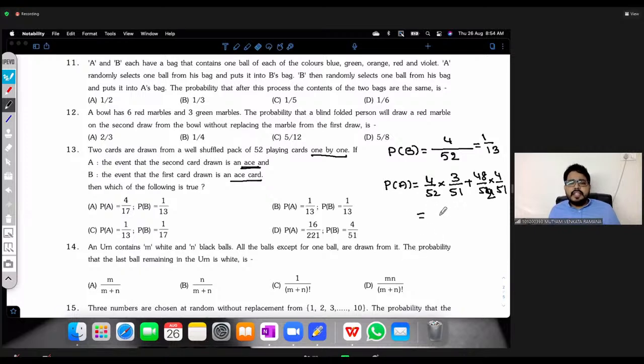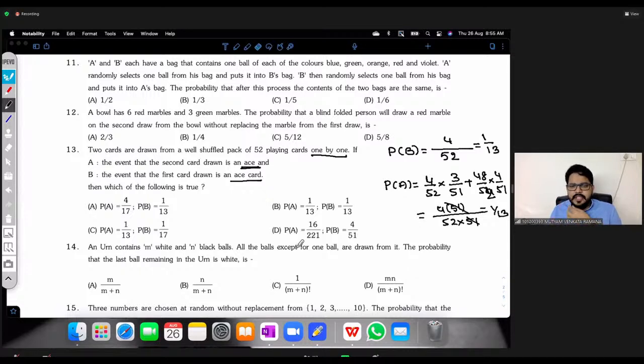So what is the thing? 52 into 51. So you are getting whatever this thing is. Look here, 4 common 51. It is equal to 1 by 13. Something is missing.